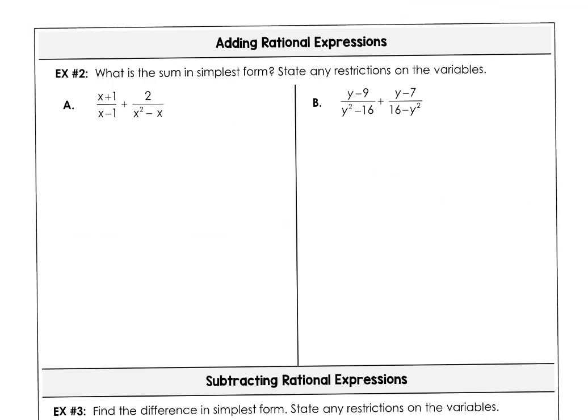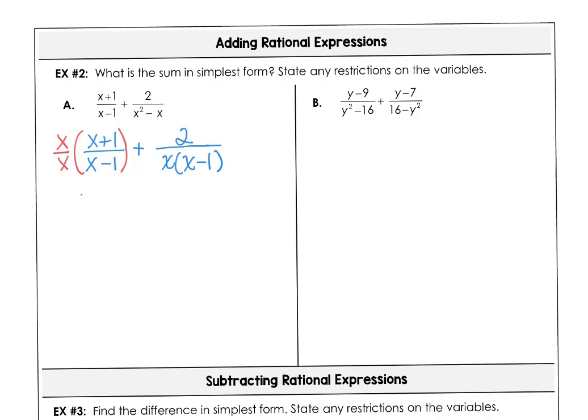In our next example, we want to add the two fractions, and in the first one, we're going to be missing a factor with the x minus 1. So we're going to think of the idea of a well-chosen one when we factor that second fraction. Our denominator is looking like that. So we need to give this fraction on the left a well-chosen 1, and that's in the form x over x.